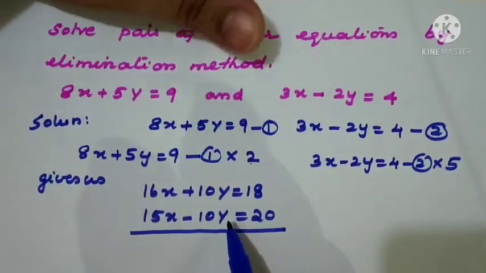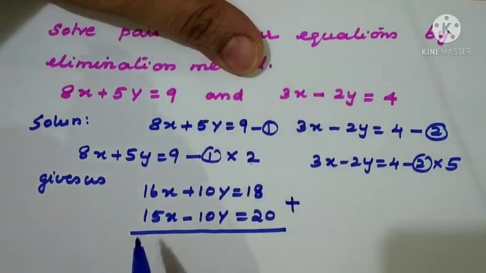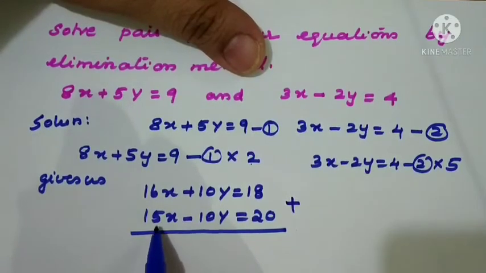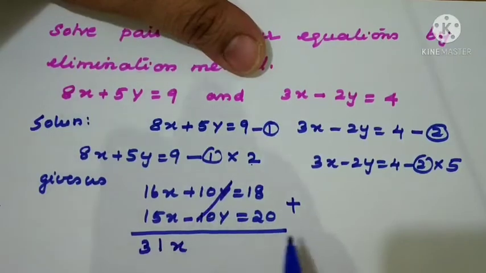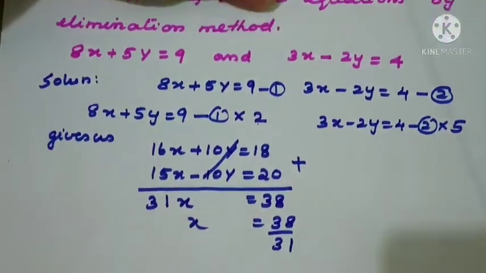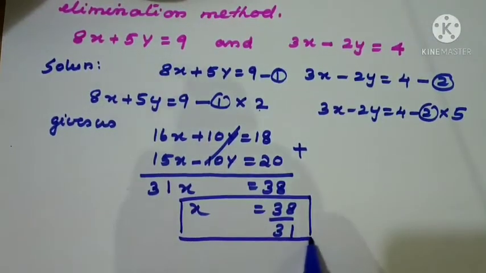Now we are having the opposite sign, so what we should do means plus, right? So when we are doing this, 16 plus 15, what is the answer? 31x, but here y is cancelled, so it is equal to 38. So x equal to 38 by 31, right? x equal to 38 by 31.